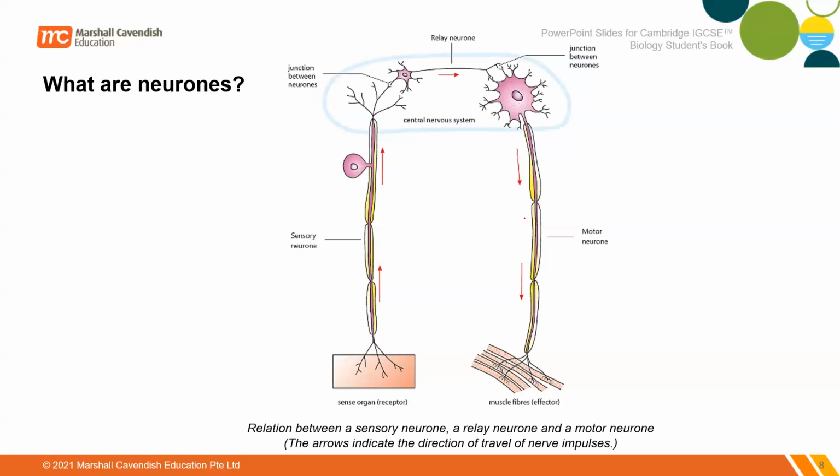Here we have the sensory neuron, the relay neuron, and the motor neuron. The typical shape of the neuron is the motor neuron. The motor neuron has dendrites, which collect all of the signals from the previous cell, and it also has the axon.